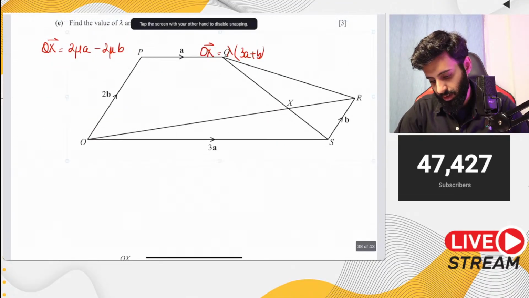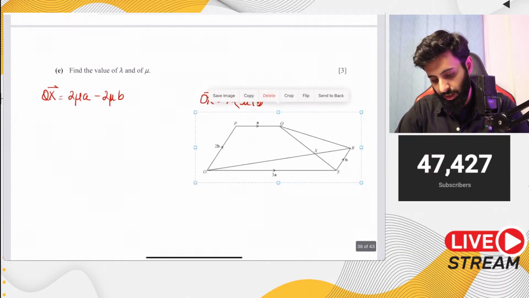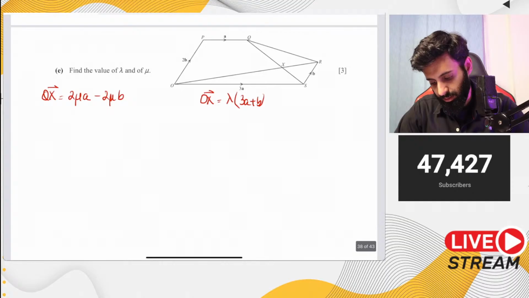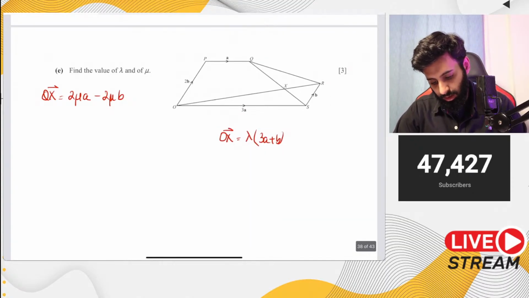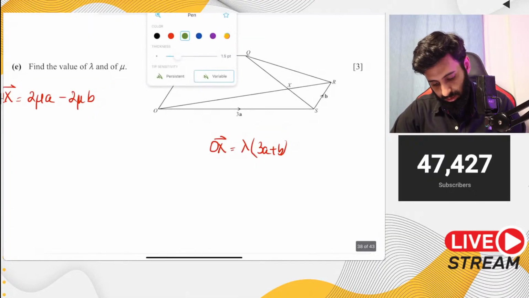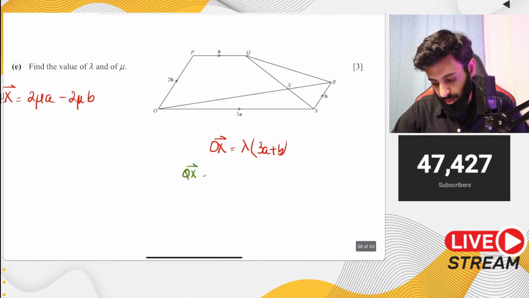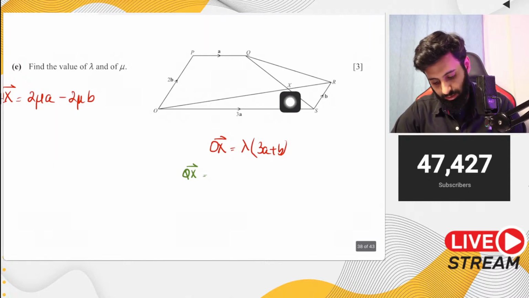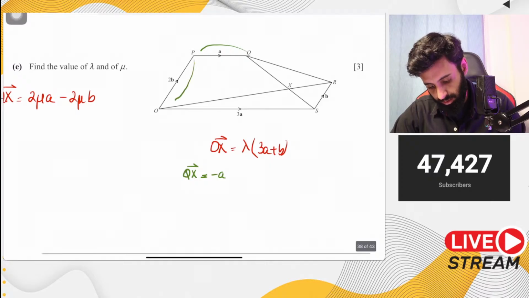Okay, so now we need to come up with another vector that will take us from Q to X, and that vector has to be in terms of lambda. So I can form QX by simply going from Q to O and then from O to X. So QX can be formed by going from Q to P, so that's minus A, and then from P to O, so that's going to be minus 2B as well.